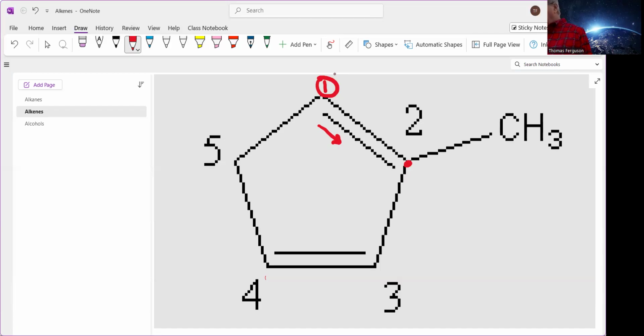Like last week, whenever we have a cyclic compound, that automatically dictates the backbone.